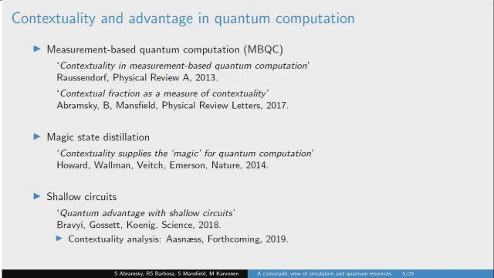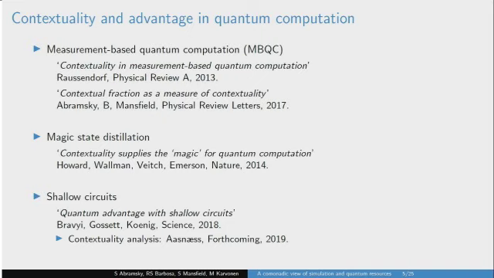This result states that for odd dimensional computing, it's necessary for the resource to be contextual for it to be magic. There are some issues with generalizing this to the qubit case, but there's hope that something like that is true there as well.